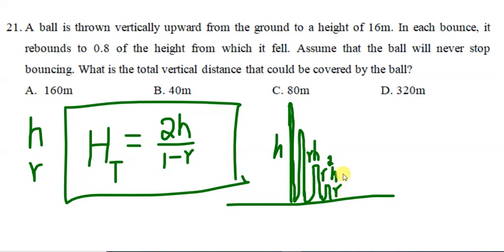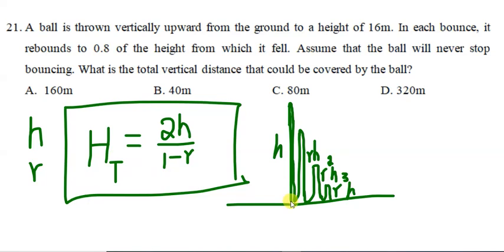R cubed h. If it continues indefinitely like this, then the total vertical height is the sum of all these heights. Here we have twice h.